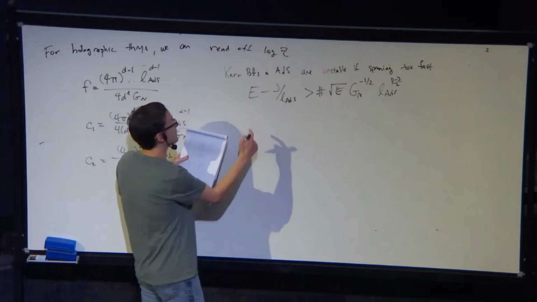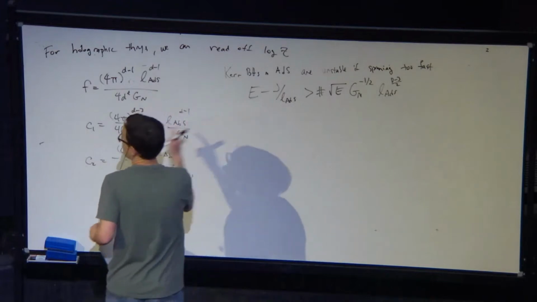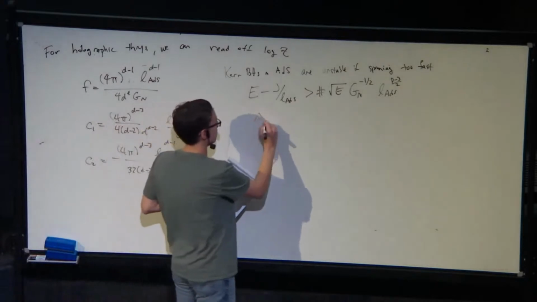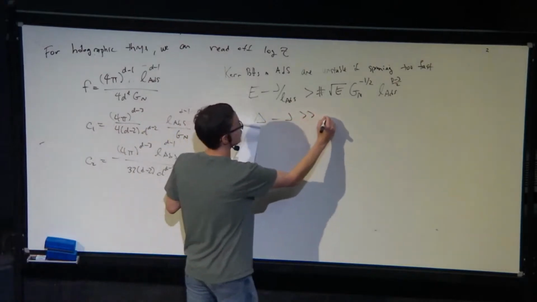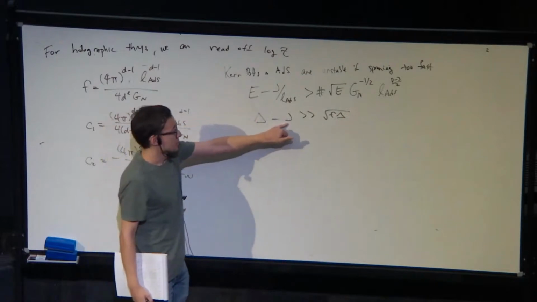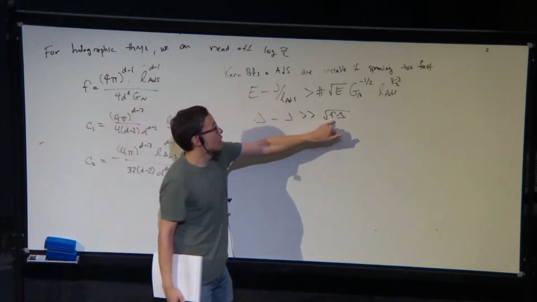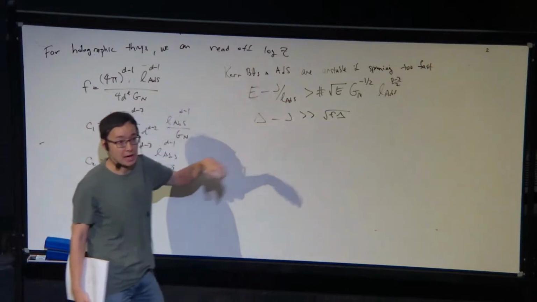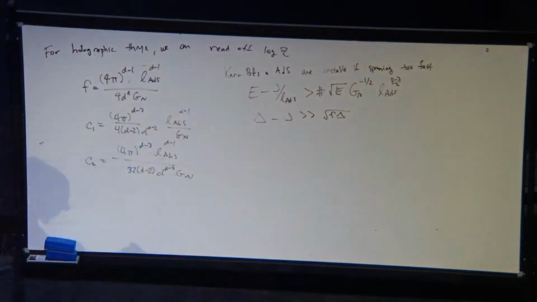Now, there's a very similar condition to the general regime of validity that we discovered here for the CFT. There, we said delta minus j is much bigger than square root of f times delta. And delta is like the energy, j is like j, and f, recall, was like 1 over G Newton. So this looks very similar to here, except that we need to be parametrically larger instead of having an order 1 number that we know.